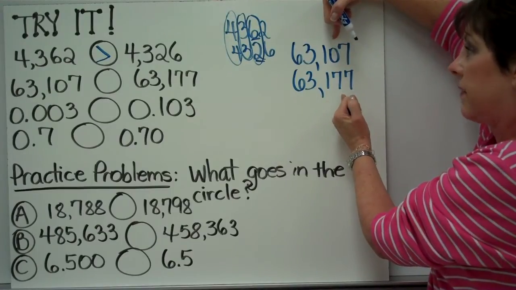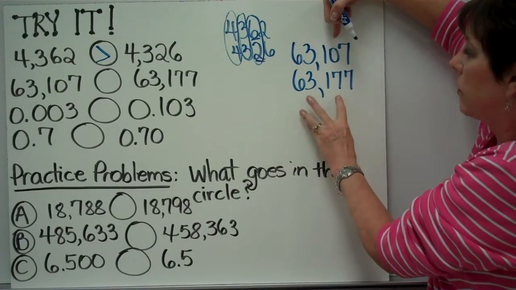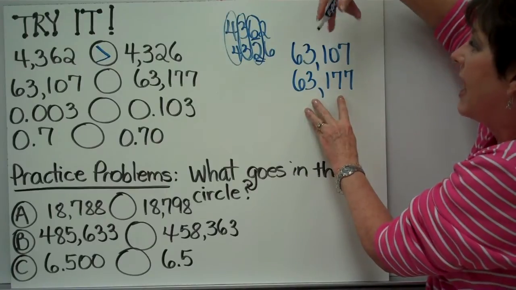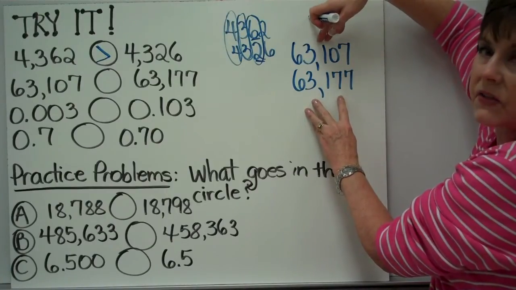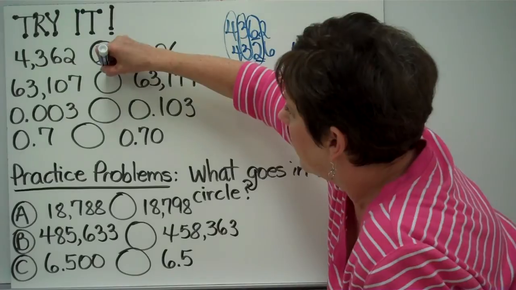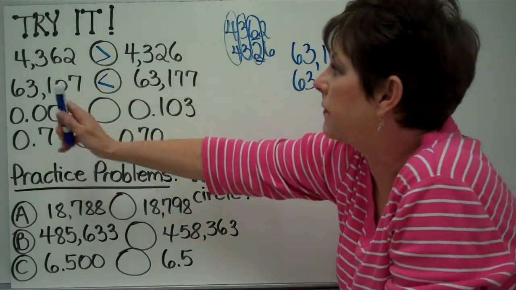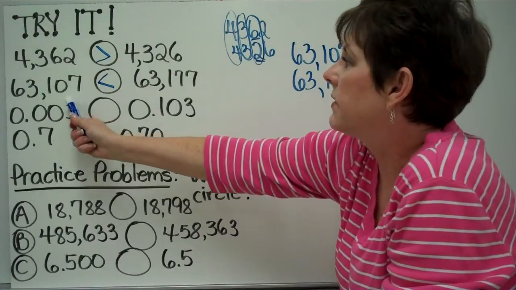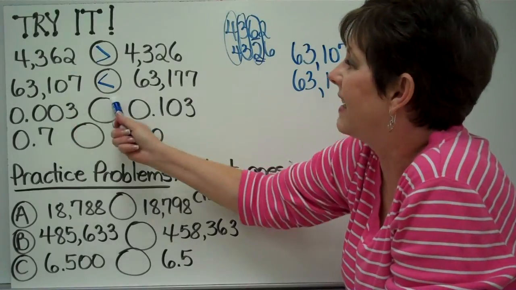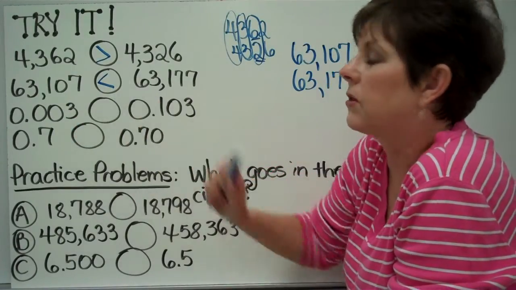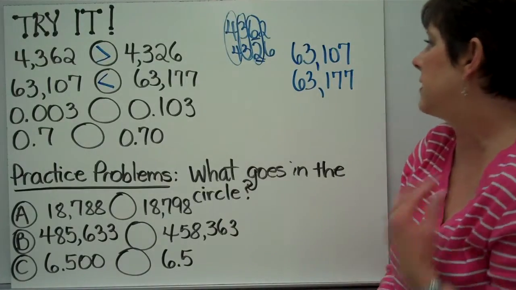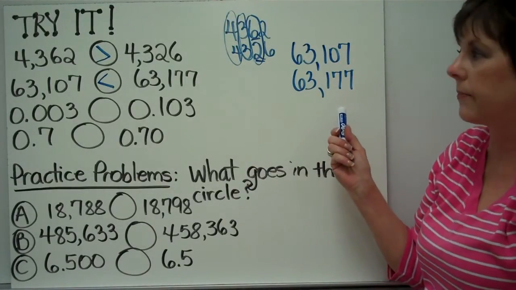Well, I know 7 is bigger than 0. So this number would be greater than. This one is less than. Remember, when we show our symbols, we're moving from left to right. This means 63,107 is less than 63,177. And we proved that here.